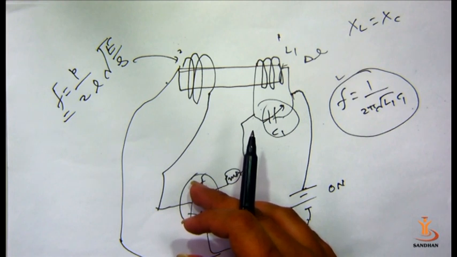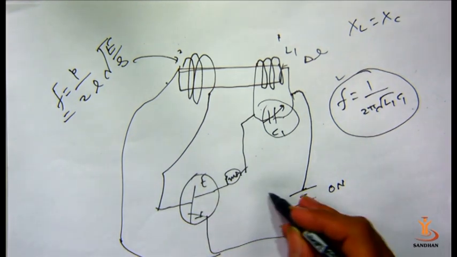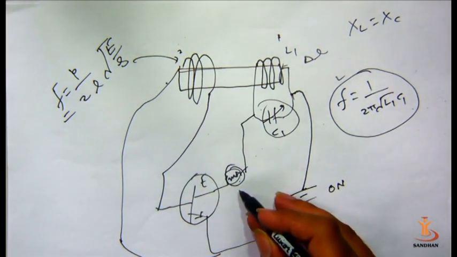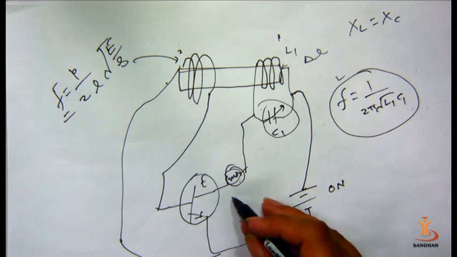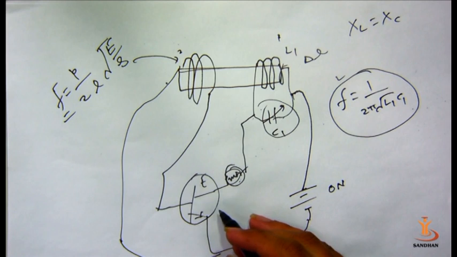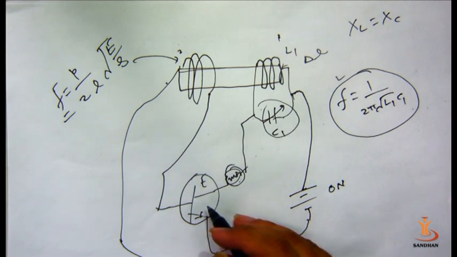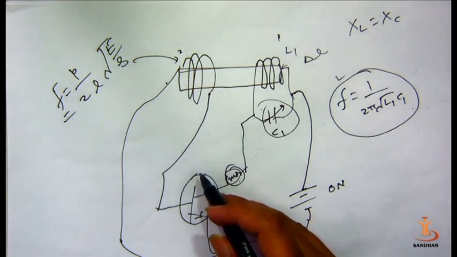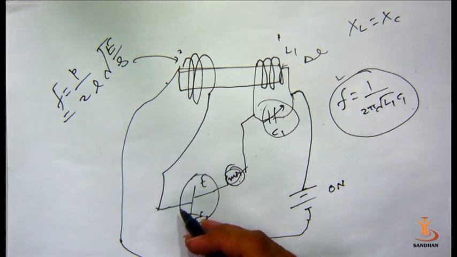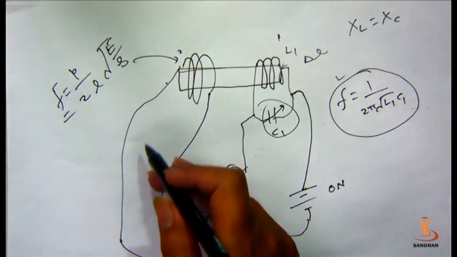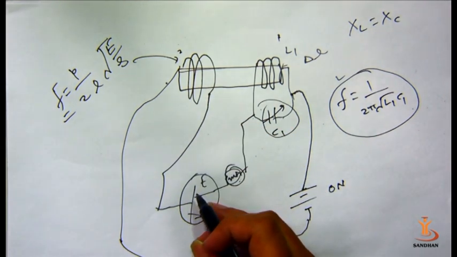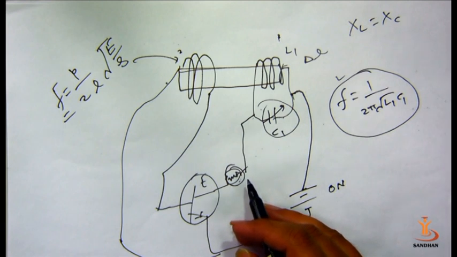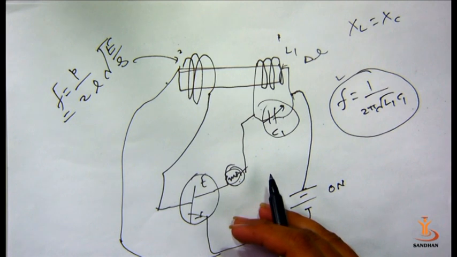Now, at the time of resonance, there is a generation of a greater amount of current that can be detected over the milliammeter. Now, based on the construction and working of an NPN transistor, emitter current can be controlled by base current, and the base is directly connected with inductor L2. In any type of oscillator, there is always a requirement of a feedback mechanism.